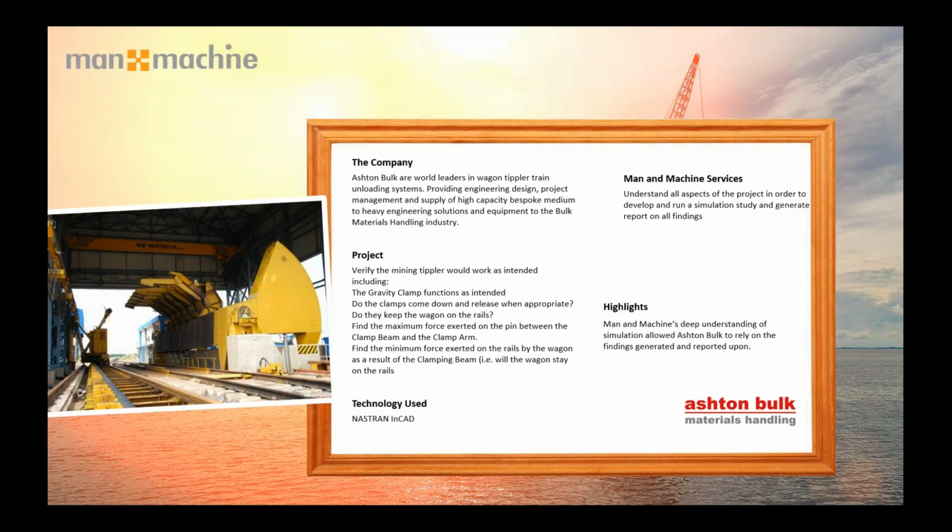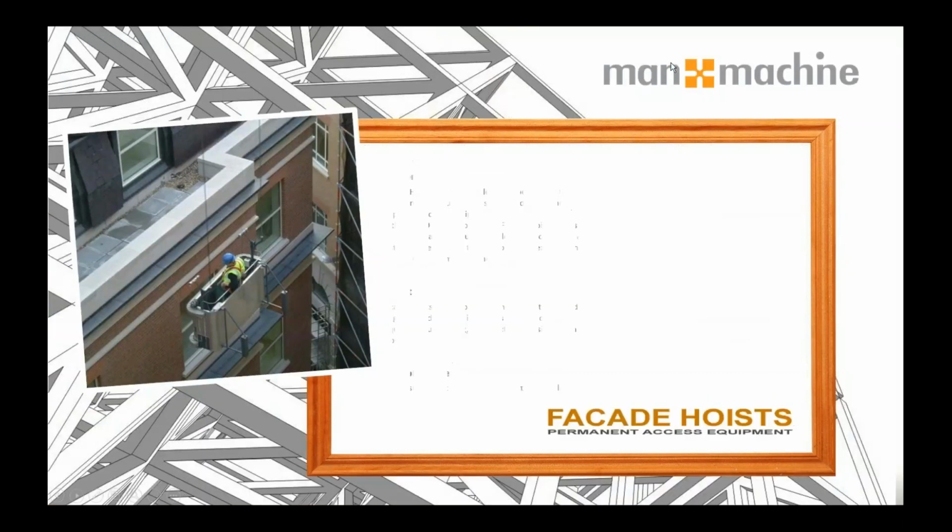So they used us and our experience with Francisco to be able to analyze the gripper arm to make sure that even when water had gotten into these coal trucks and frozen, and there was even more weight than normal, they were able to still satisfy their requirements for manufacturing.